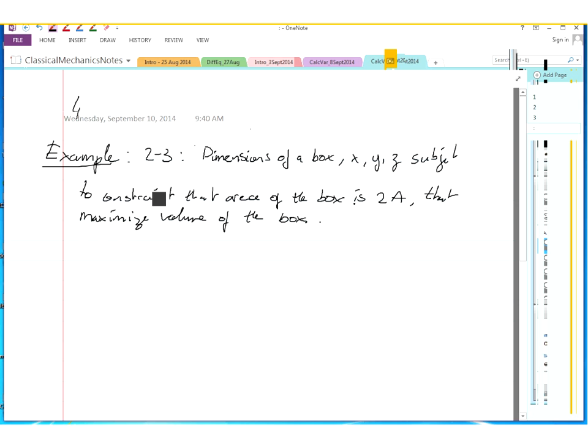So let's put this back into our language of variational calculus and Lagrange multipliers. So we want the stationary value of the function F that's x times y times z.